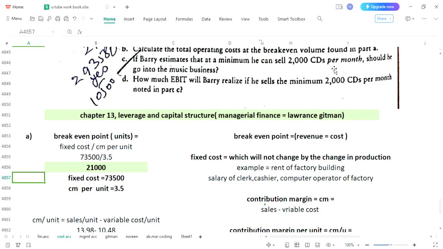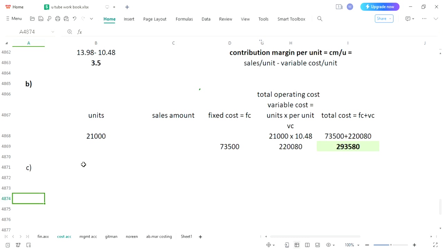So either change this per month into annual, or change the amounts given for the full year into per month. It is easy to change this per month into a whole year, and then we can proceed to our questions.